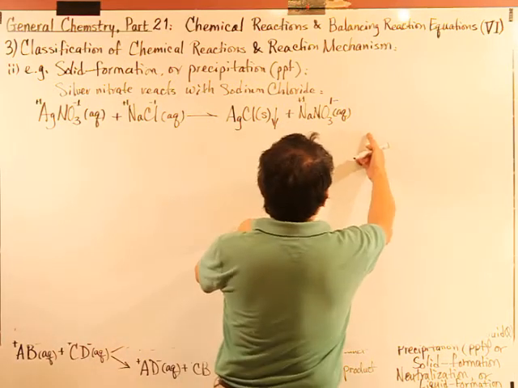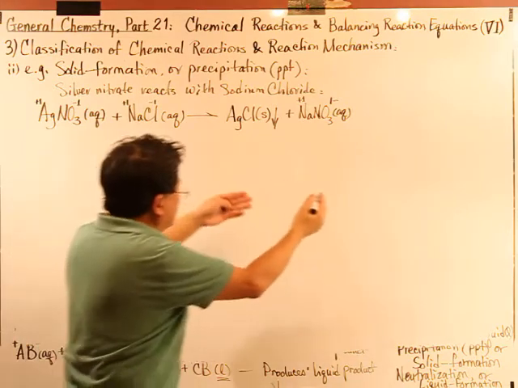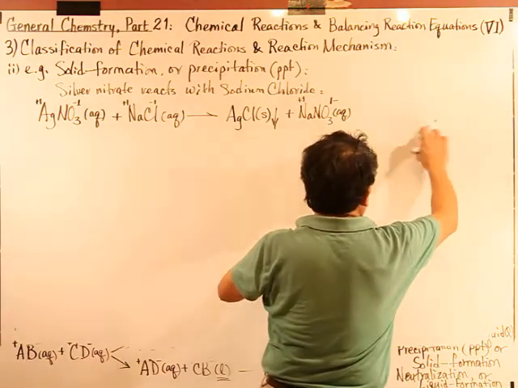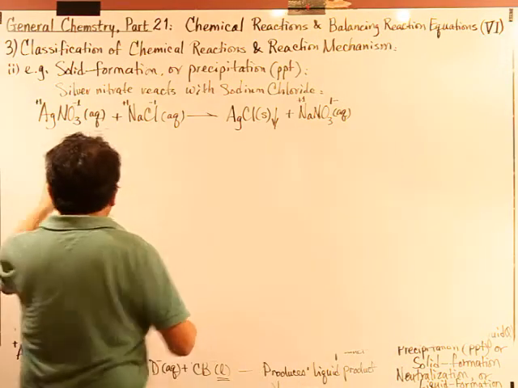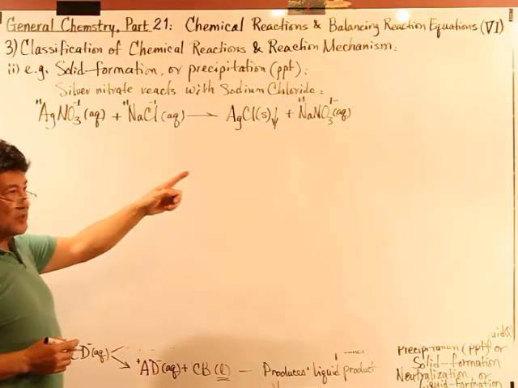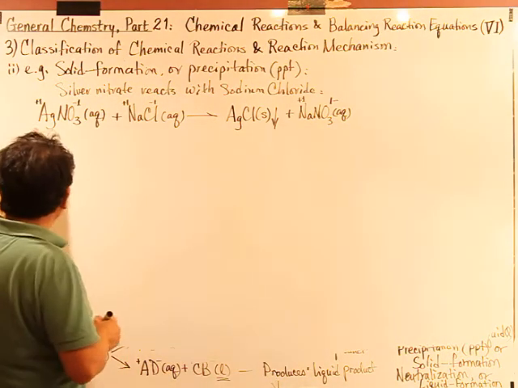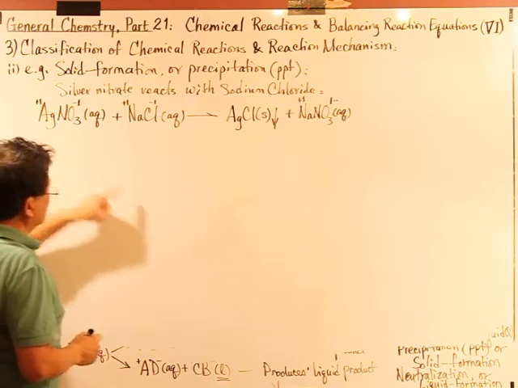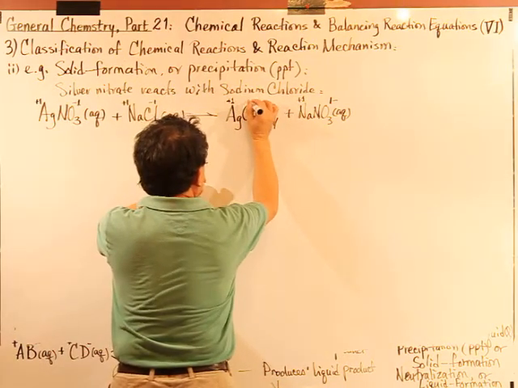So in this case, let's see. We already said this is classified as solid PPT, solid formation. Does it have any electron being transferred to be considered redox? Let's double check. Silver on the left is 1+. Here, still 1+, because this is 1-.